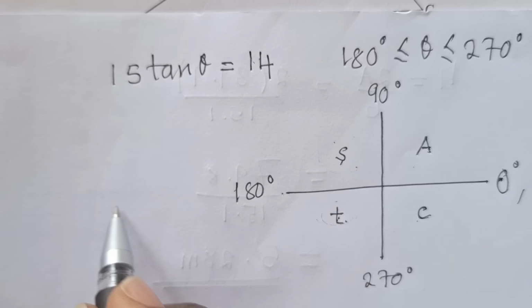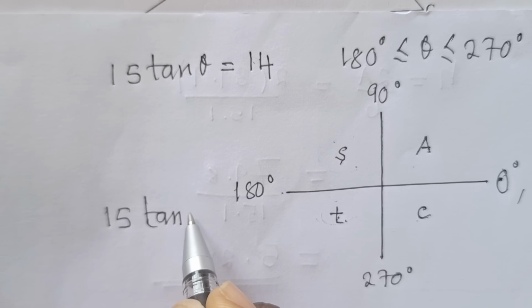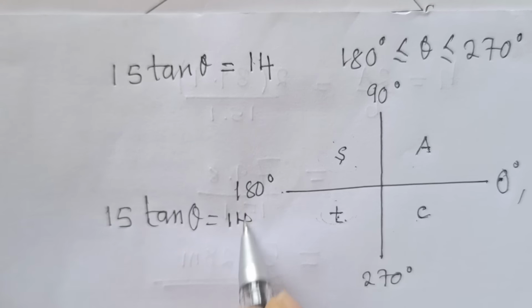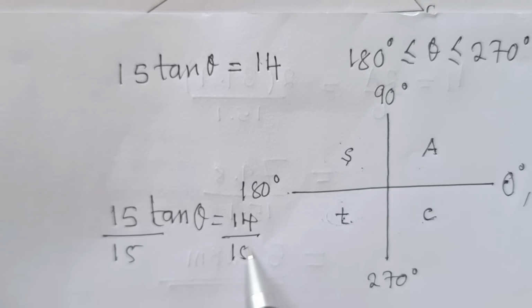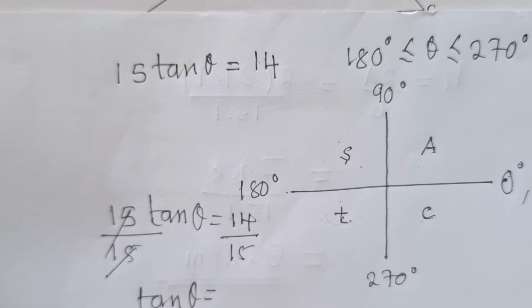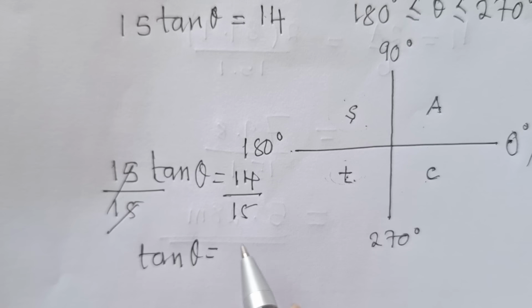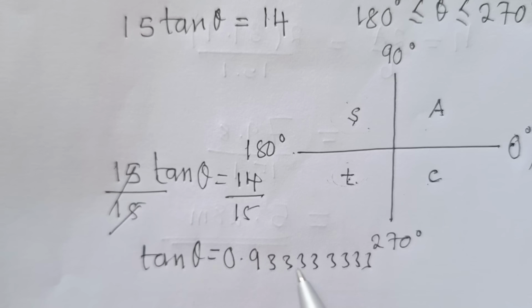So let's solve this. We shall say 15 tan theta is equal to 14. We divide by 15 on both sides. So tan theta is equal to, when we divide here, 0.93333333.